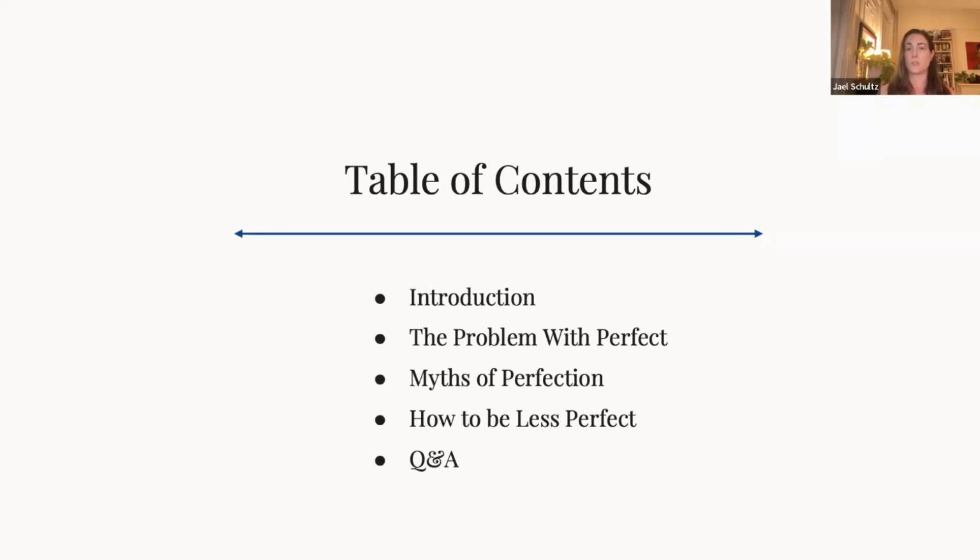And then to the topic, what does it mean when I'm saying flawless? We'll talk about the problem with perfect. Sounds like a good thing, but it can lead us to some pitfalls, some myths of perfection, and then we'll get into how we could be less perfect and how that could potentially be a good thing, meaning ways we might apply this to our work, to our collaboration, and so forth. And then we'll save a little bit of time at the end so we can get into Q&A and hopefully have some discussion there.